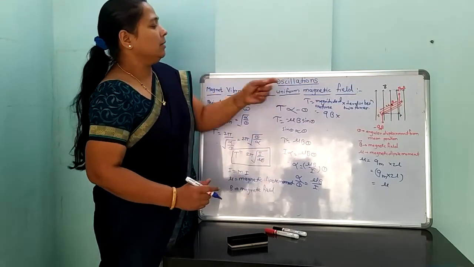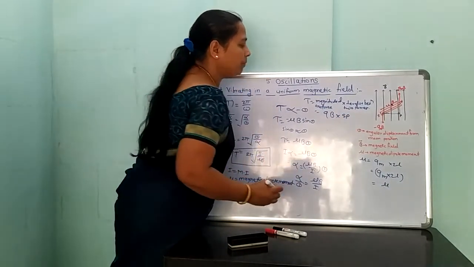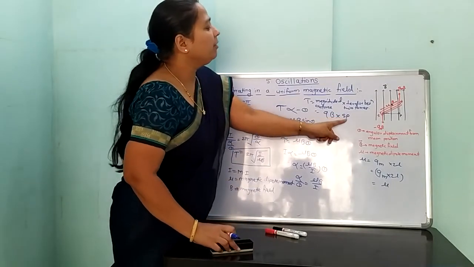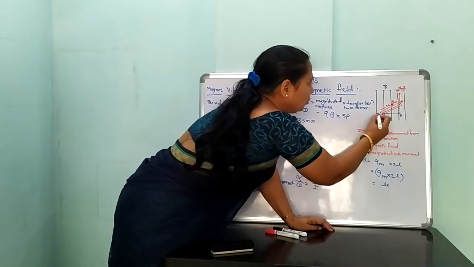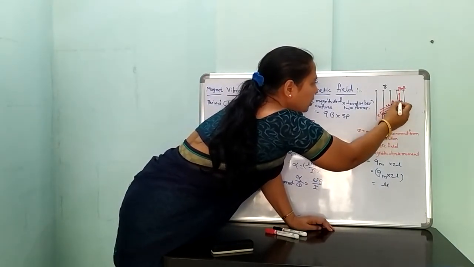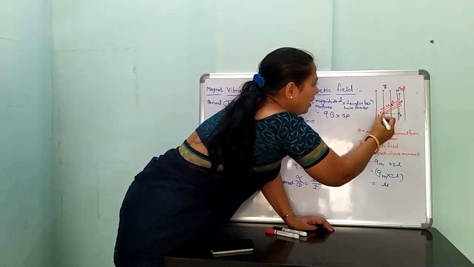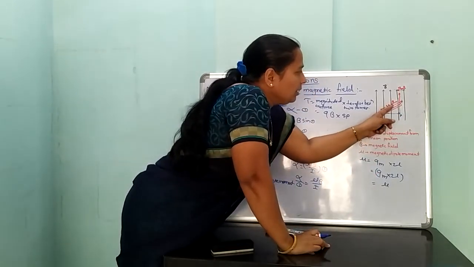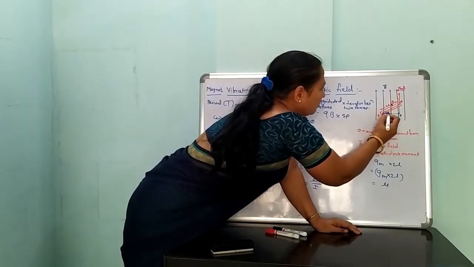To calculate SP, we use a trigonometric relation. In the right angle triangle SPN, sin theta is formed.